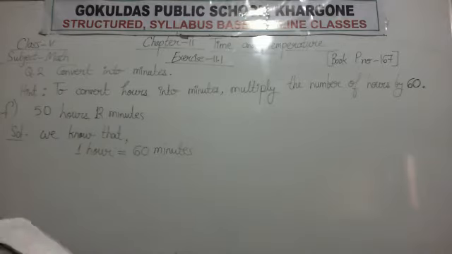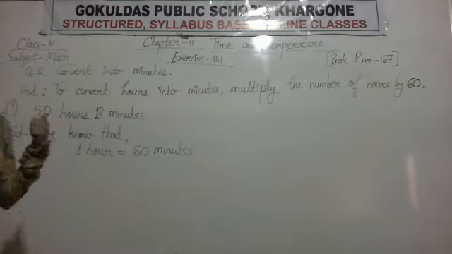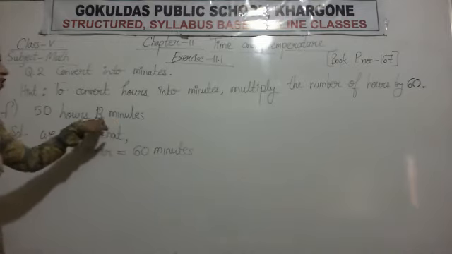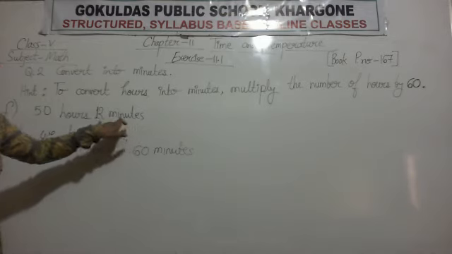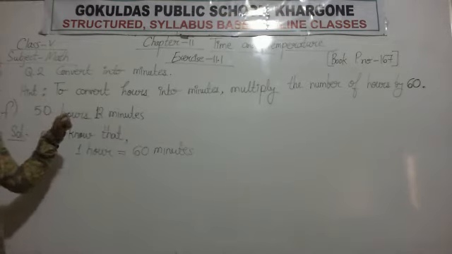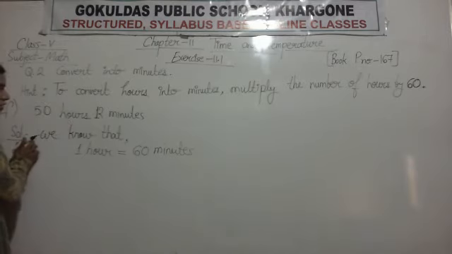We want to convert it into minutes. We observe that 12 minutes are already in minutes, so we will not convert this part. We will just convert the hours into minutes.